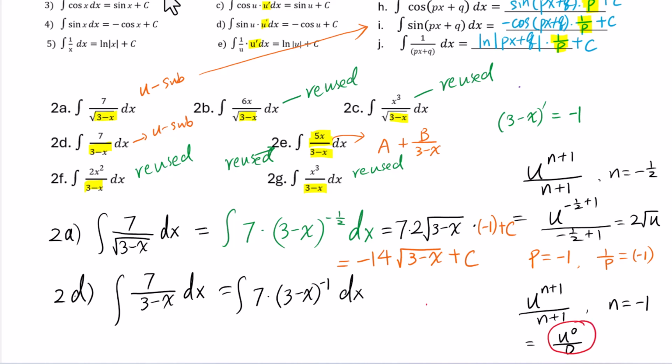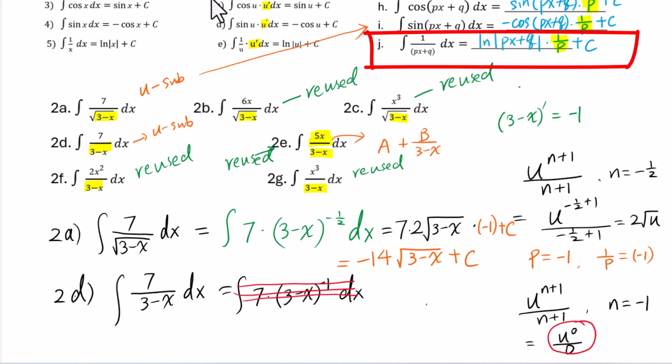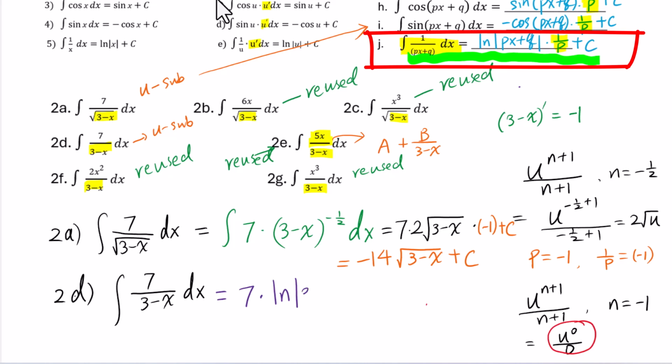This is undefined, which means you cannot do it this way. Here is the formula. Equals, take 7 out, times natural log of absolute value 3 minus x, times 1 over p is -1 plus c. Final answer, -7 times natural log of absolute value 3 minus x plus c.